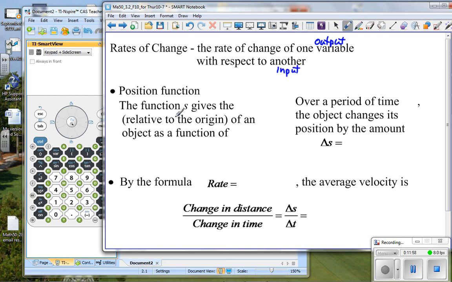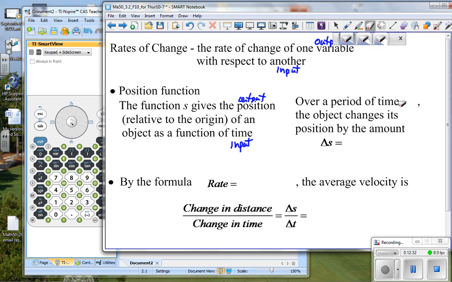Our position function, the function s, gives the position, so the output of that is position. So the output of the position function is the position relative to the origin of an object as a function of time. And so time is our input.